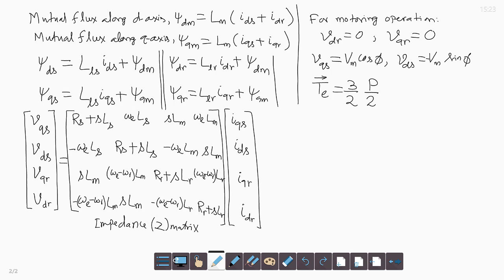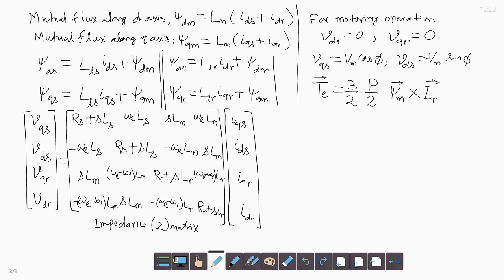The expression is mutual flux cross rotor current, because rotor conductors get force in the air gap flux.